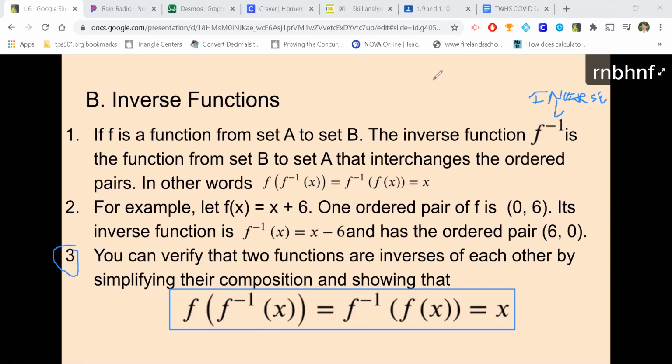Some textbooks have moved away from that and used the term arc instead, especially when it comes to trigonometry. When it comes to trigonometry, it's even worse because this notation and this notation are not the same thing.